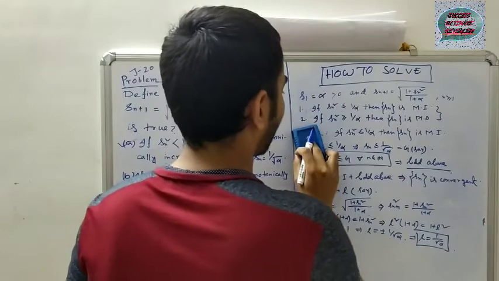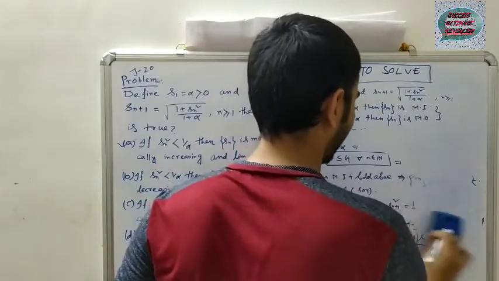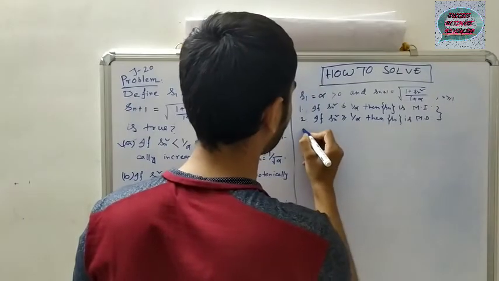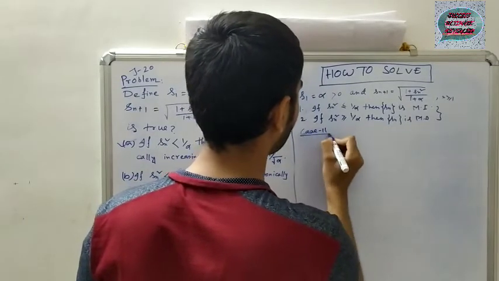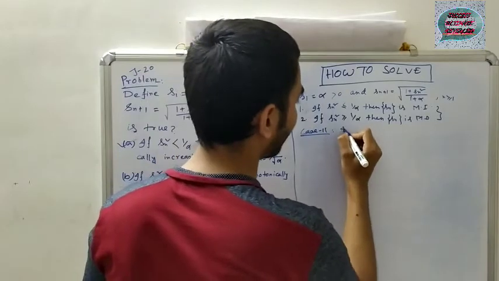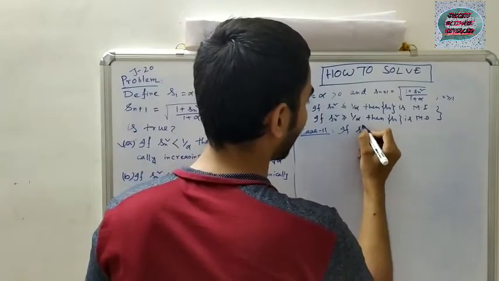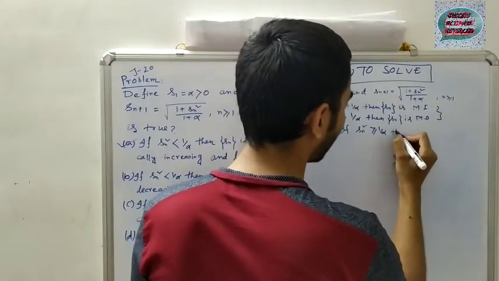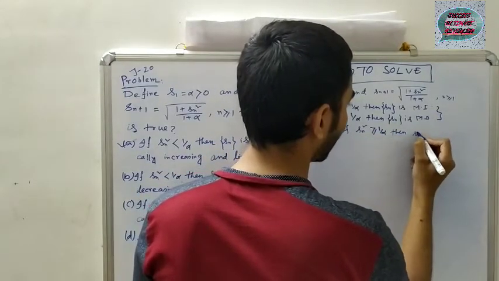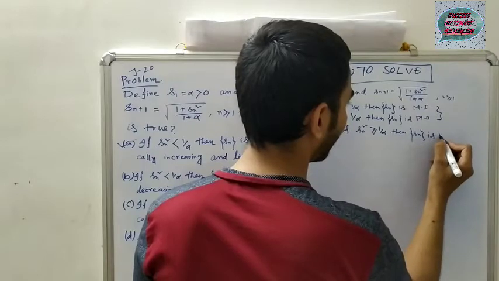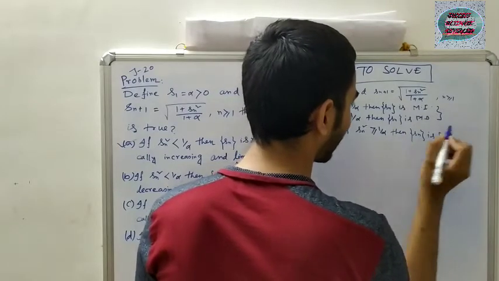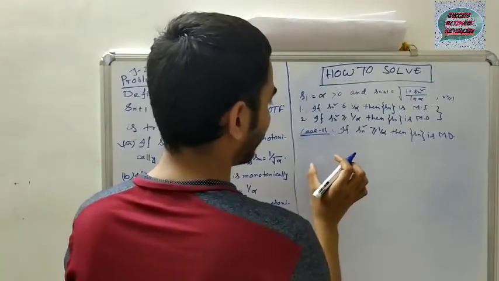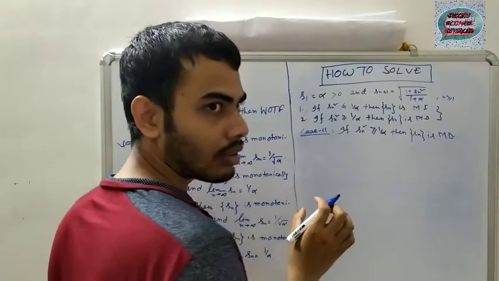Now case 2. If Sn square is greater or equal to 1 by alpha, then Sn is a monotone decreasing sequence of real numbers. Now we have to show that Sn is also bounded below.